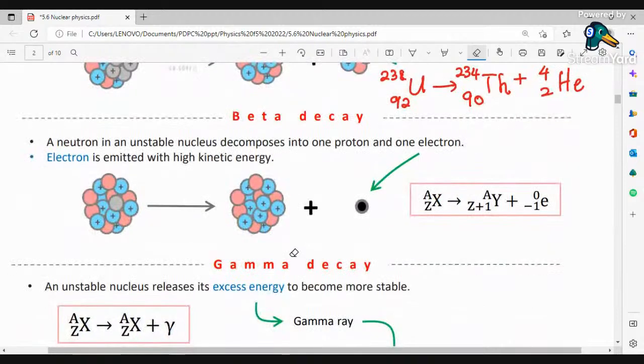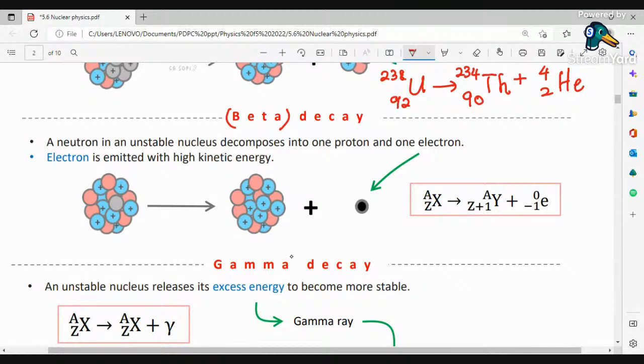Okay, let's look at beta decay. Beta decay. Beta electron. Okay, beta is electron. Unstable nucleus become more stable by emitting 1 beta.